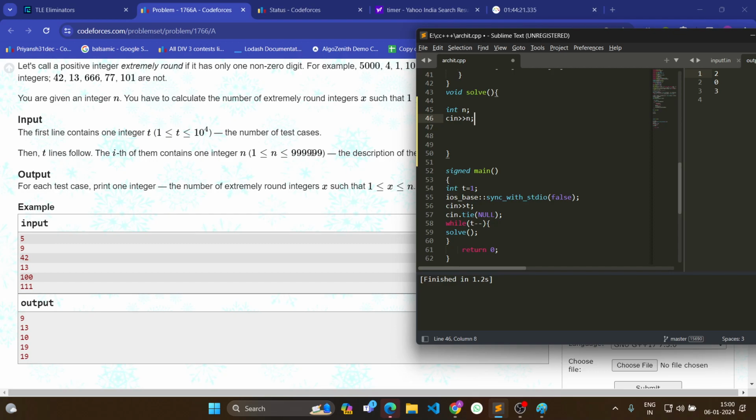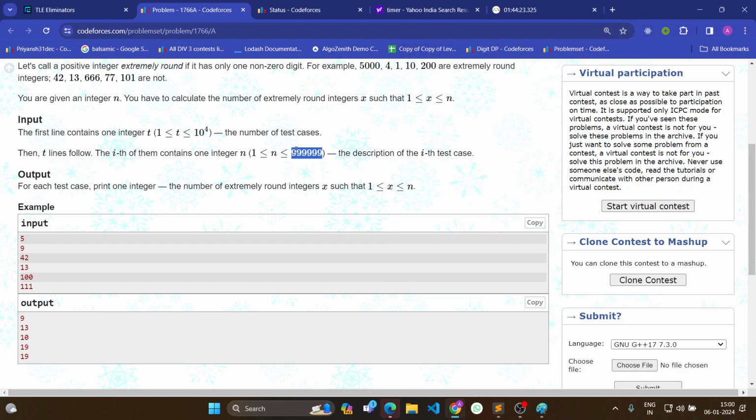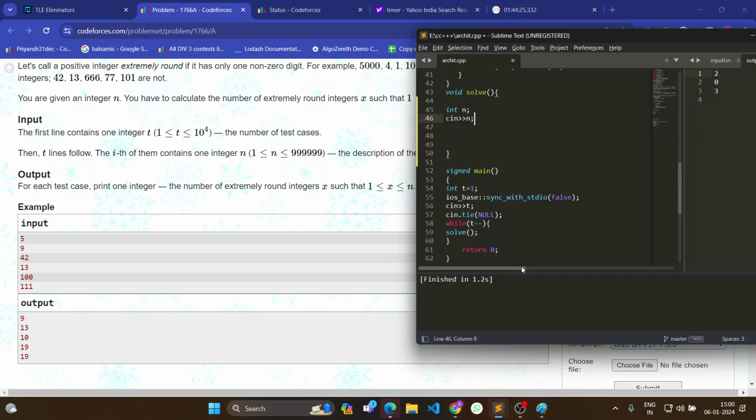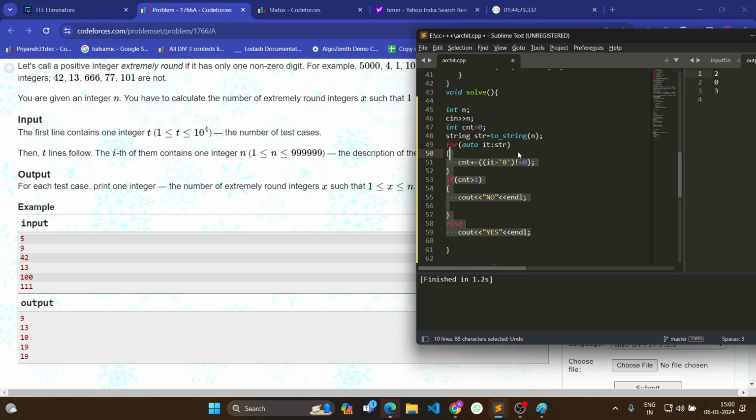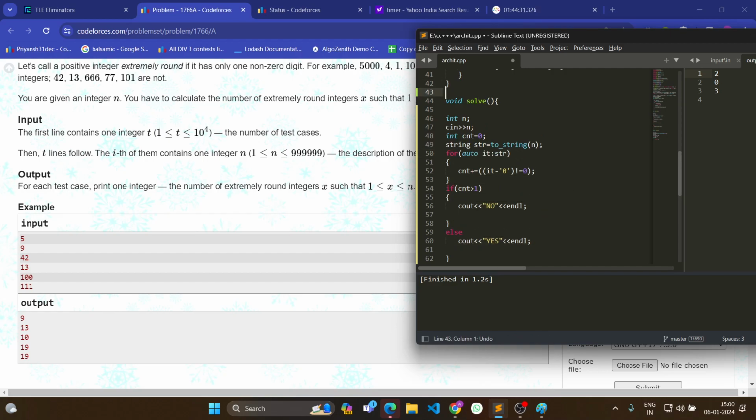can I iterate from 1 till n and then do this? Let's see if this gives me a TLE.